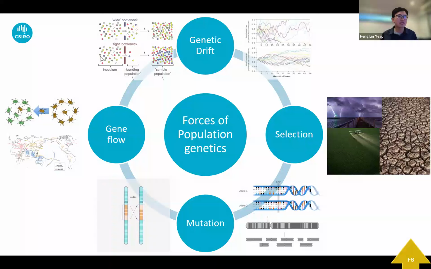The next three forces are all measured over time, and they shape population genetics by affecting the frequency of the variation in a given population. So we have gene flow, the movement between subpopulations that allows variations to move around directly, and thus affects the frequency of the variation.